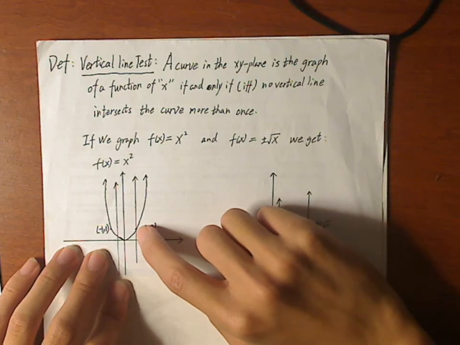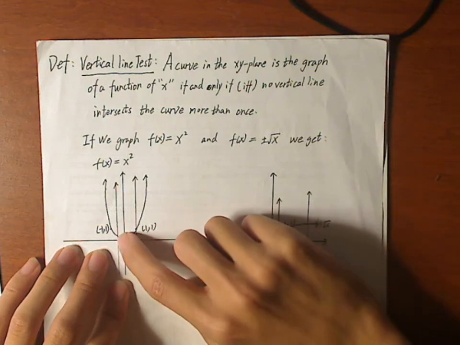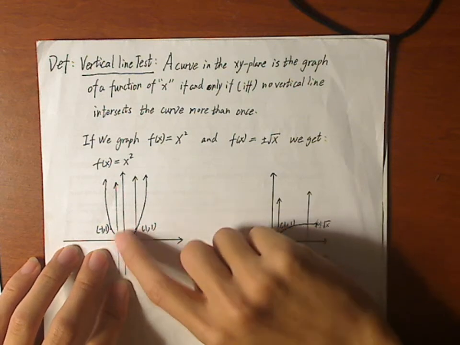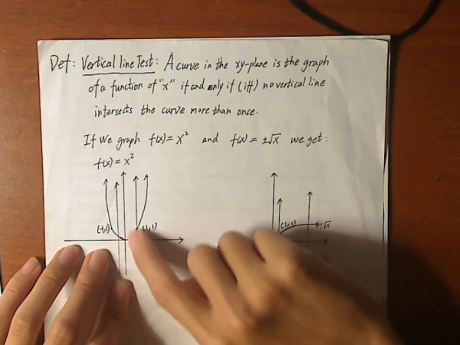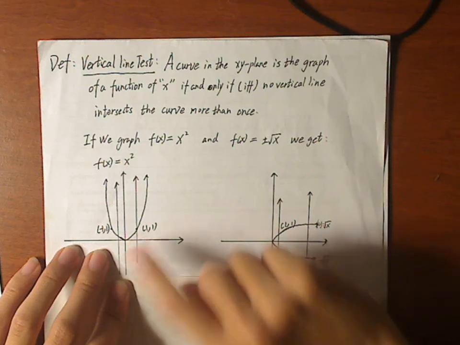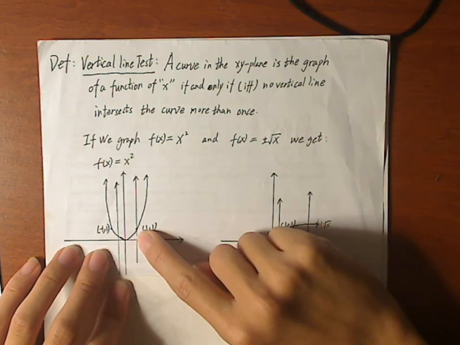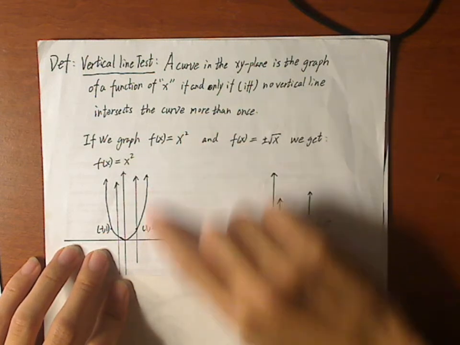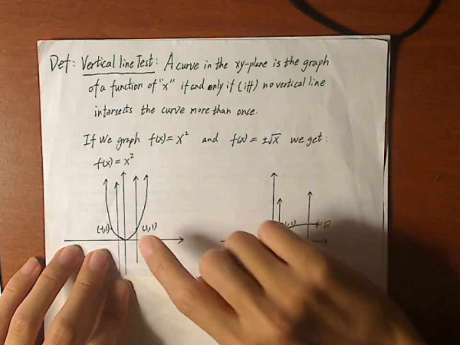Like here I get one intersection, here I get one intersection. I can draw more, but it's not necessary. This can only intersect one time. So, graphically speaking, because it only intersects once, it is a function.